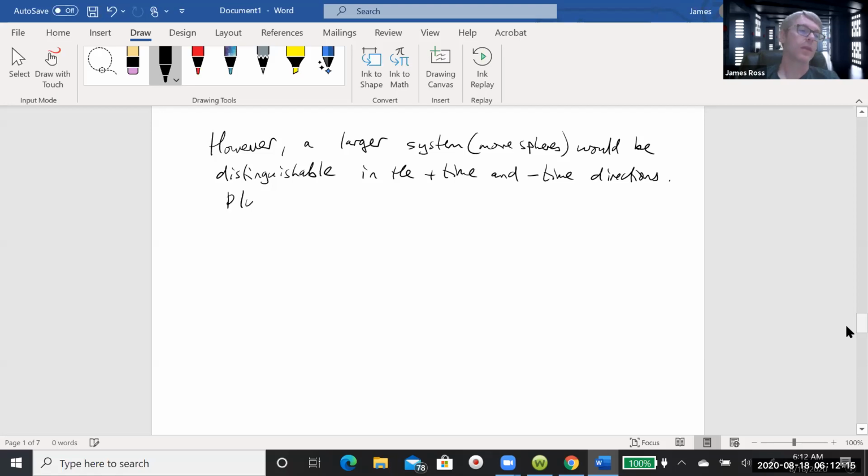Plus, not only is it distinguishable, but it's not reproducible. So you do it once, somebody says do it again, you can't, you're going to get a different outcome. So that's even worse, right? It's irreproducible. Which means unlikely, not impossibly, but unlikely to be duplicated.